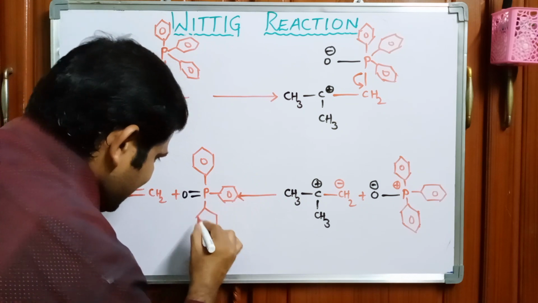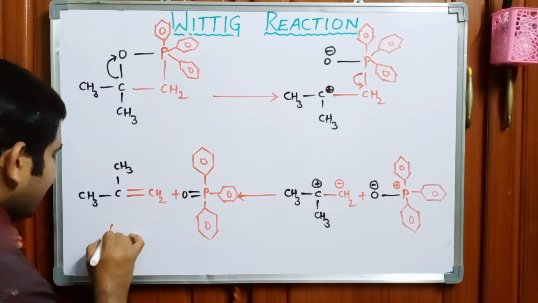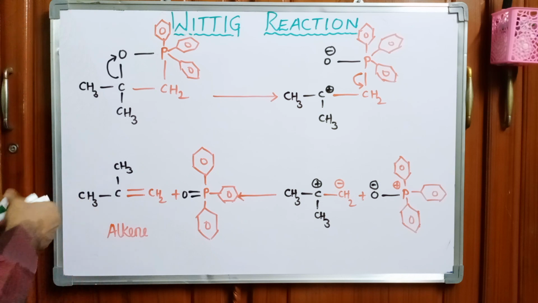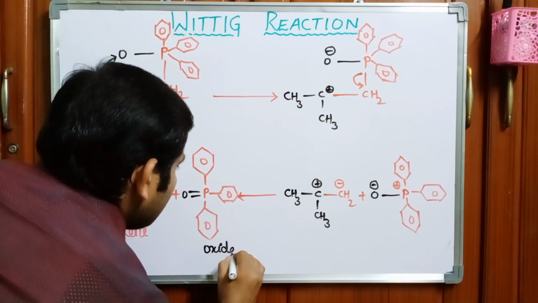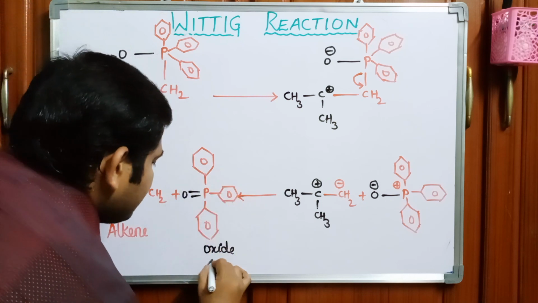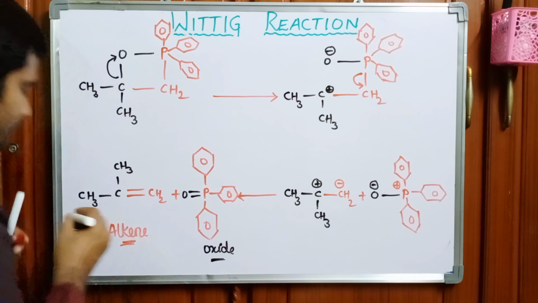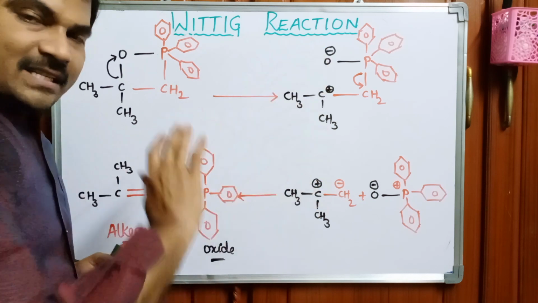So what is this called? It's an alkene. What is this called? It's an oxide. Triphenylphosphine oxide, or triphenylphosphonium oxide. Okay. So this is step 2. With this, the Wittig reaction mechanism is over.